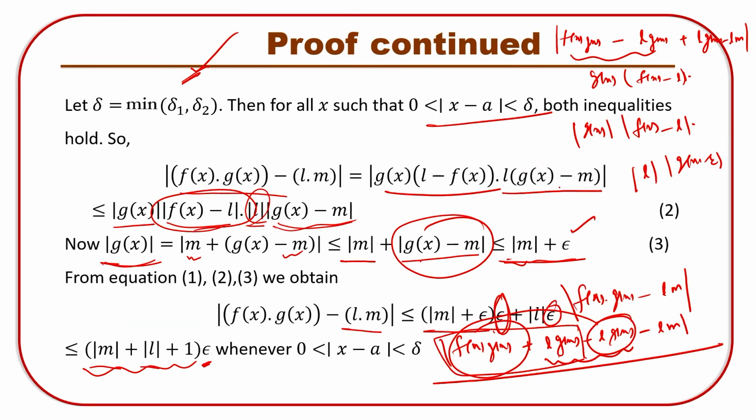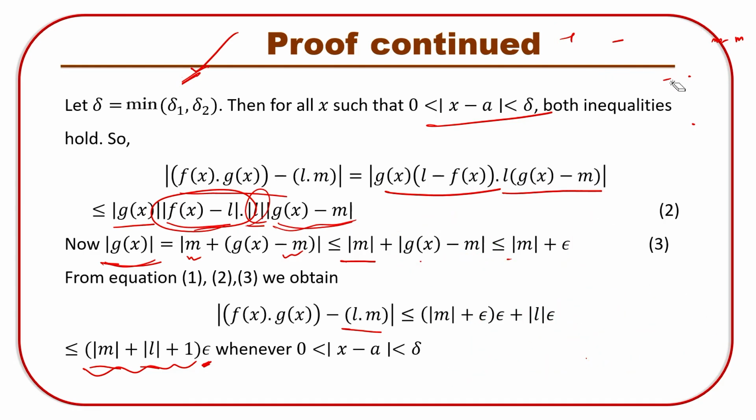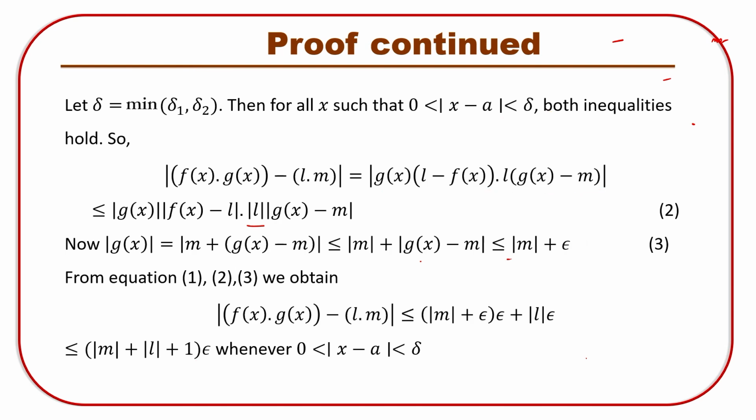Maybe I can simplify this equation. This equation was very fuzzy, so let me erase it first and then I will give you the idea of how we have taken this one.